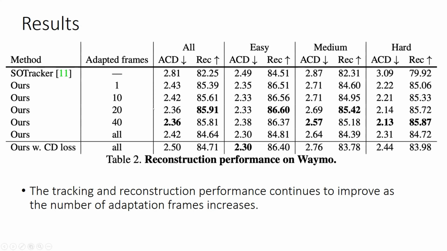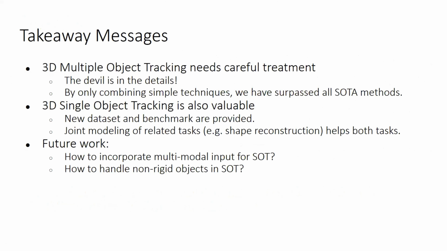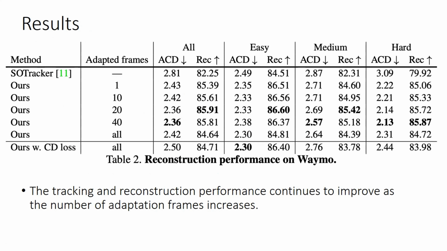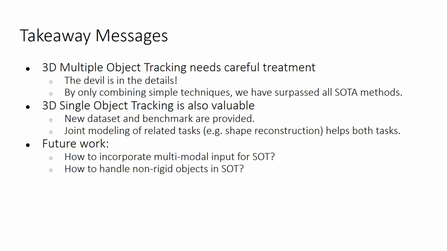If we can use more frames, we think the performance could still improve. So the tracking and reconstruction performance continue to improve as the number of adaptation frames increases. That's almost all for my talk today.